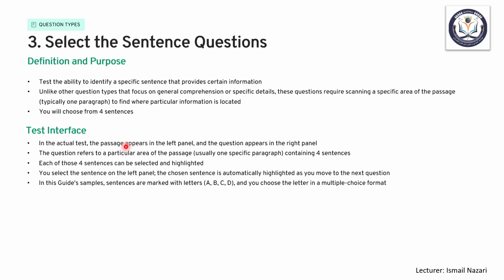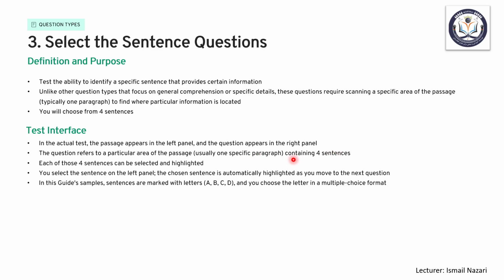So let's get into the test interface and see how it looks. In an actual test, the passage appears in the left panel and the question appears in the right panel, as with all the question types. The question refers to a particular area of the passage. It might usually give one specific paragraph, or it refers to the whole passage if it is short.